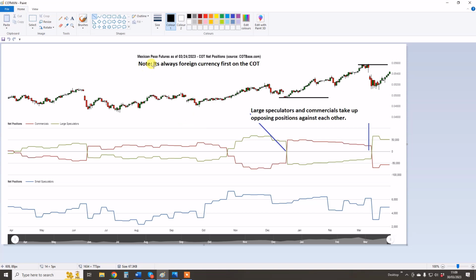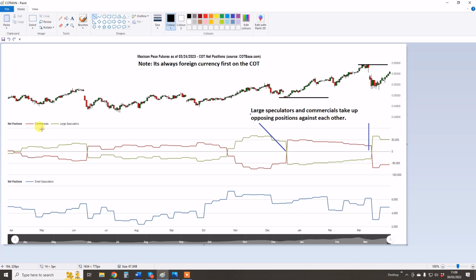In terms of COT, it always shows the foreign currency first. So we're looking at the MXN USD. We actually trade USD MXN, so in a minute we're going to put the chart around the right way. This is just to show how speculators, large speculators, hedge funds, big managed money are positioned against a group called the commercials.